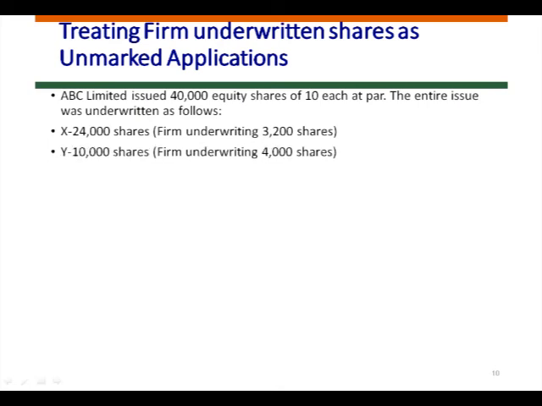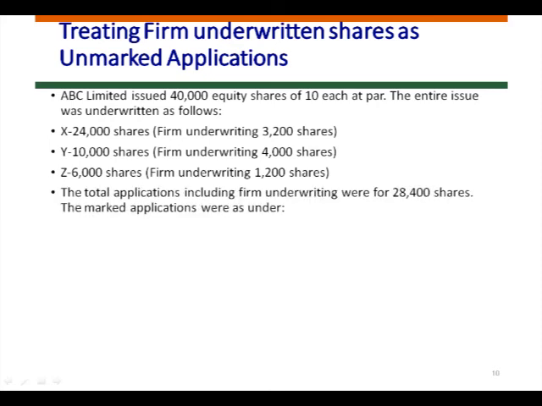Y, 10,000 shares, his firm underwriting is 4,000 shares. Z, 6,000 shares, firm underwriting 1,200 shares. The total applications including firm underwriting were 28,400 shares. The marked applications were as under.